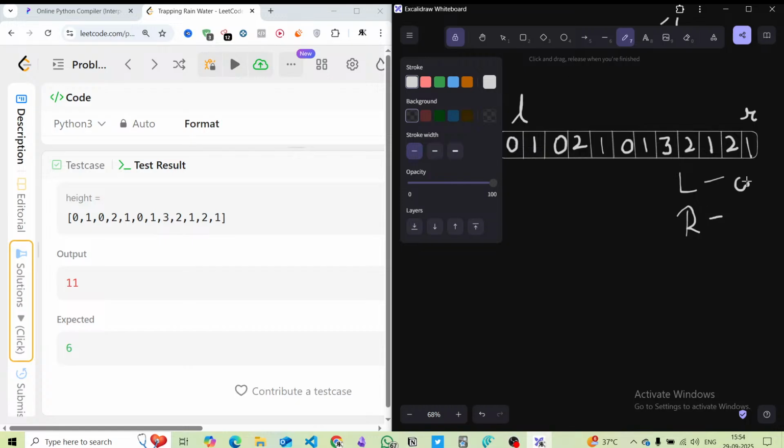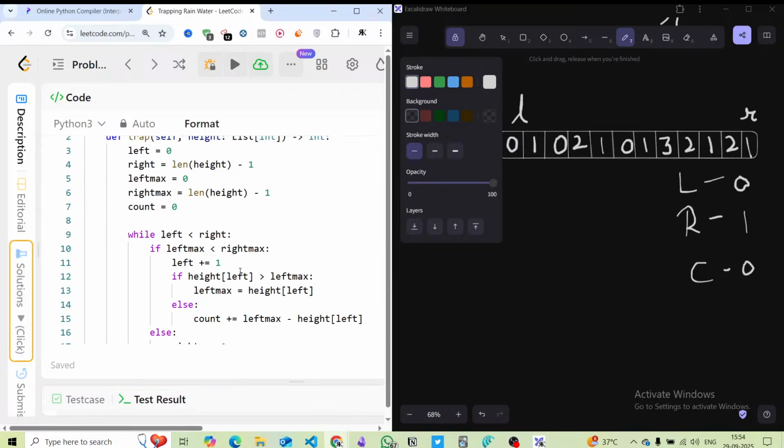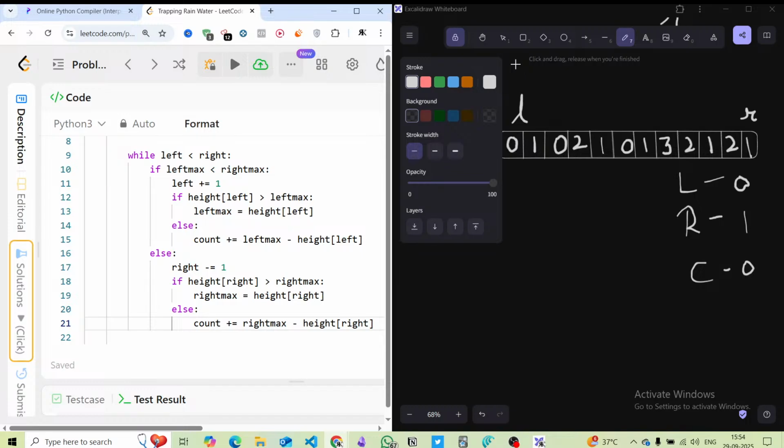So the leftmost is 0 and the rightmost is 1. And then the count C is also 0, right? Okay, so now we need to check whether the left max is less than right max. Left max is 0, right max is 1. So left max is lesser than right max. So we just increment the left.